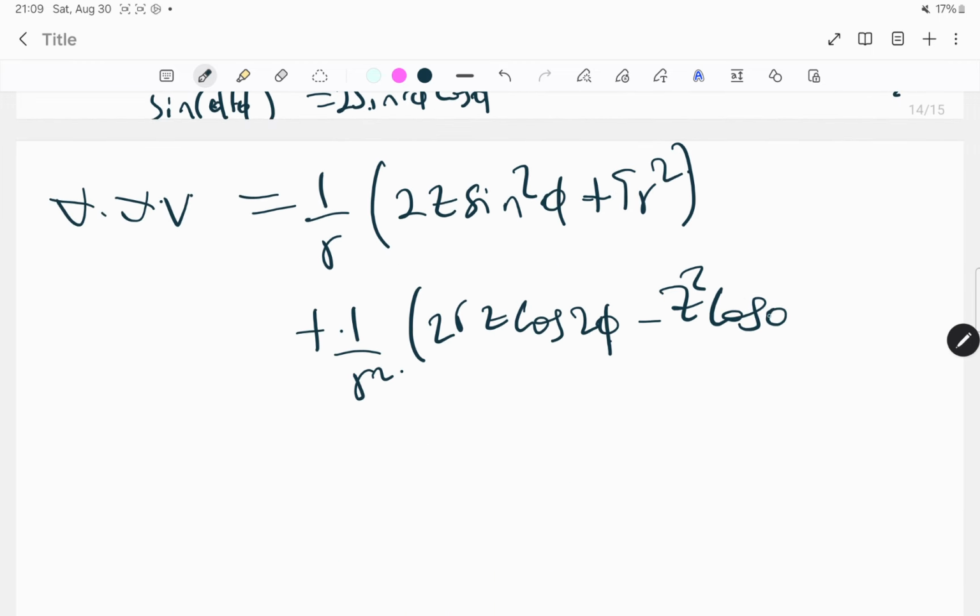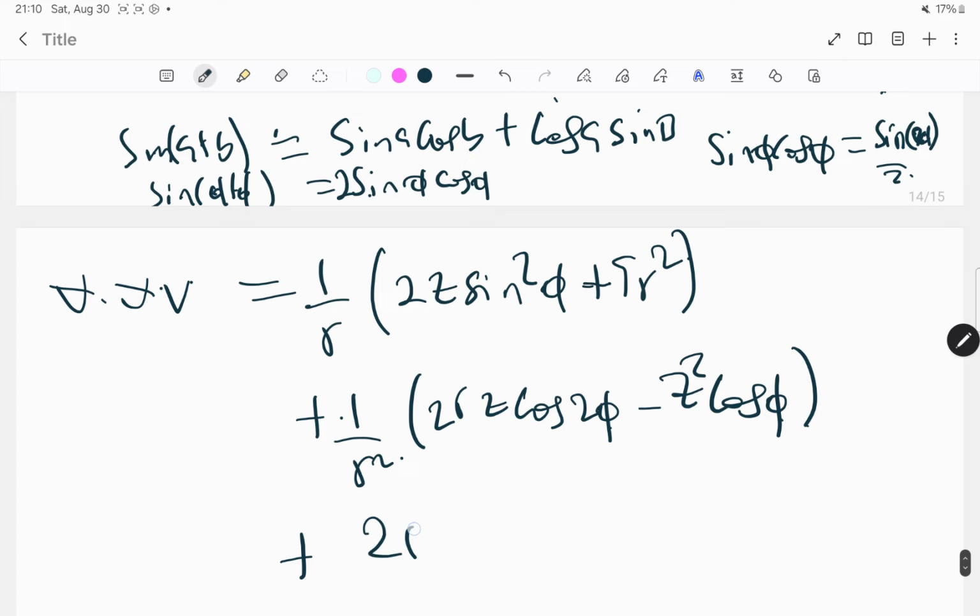So we have this. Then we now have plus. Here, this one we differentiate with respect to z. So the first part is 0. So we have 2 cos. Simplify for this part. Okay.